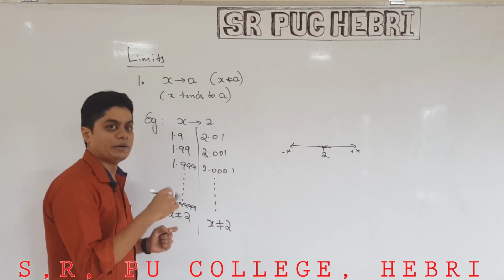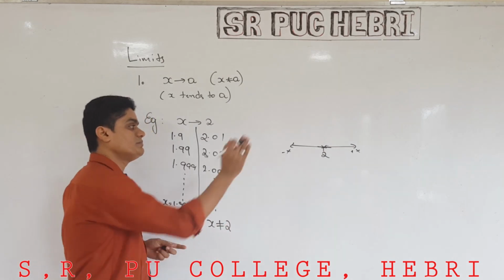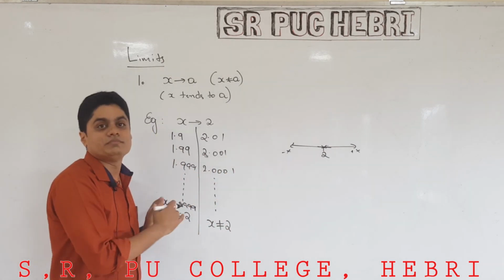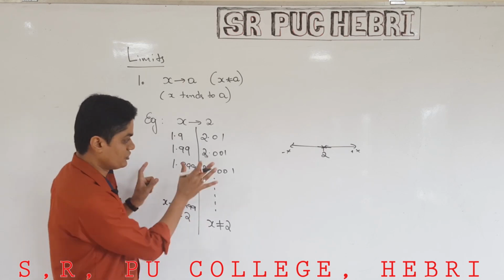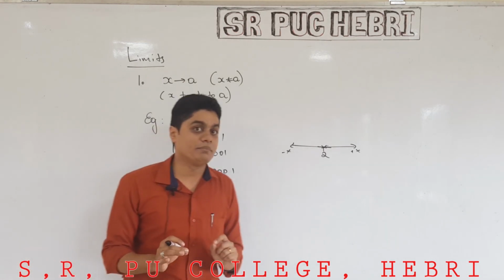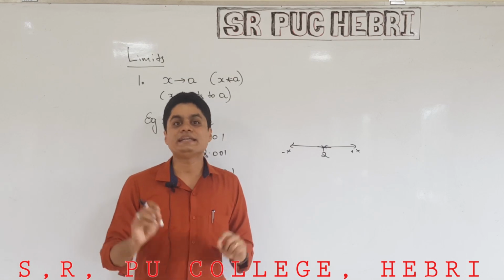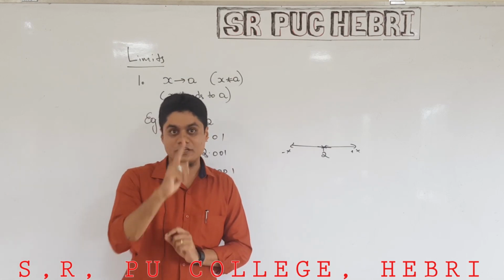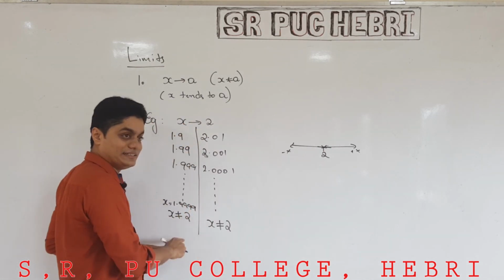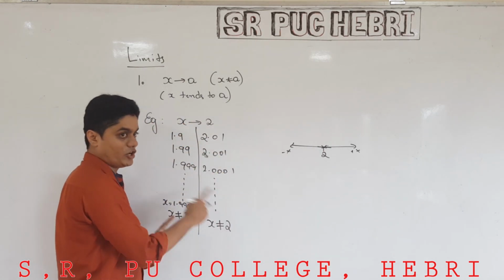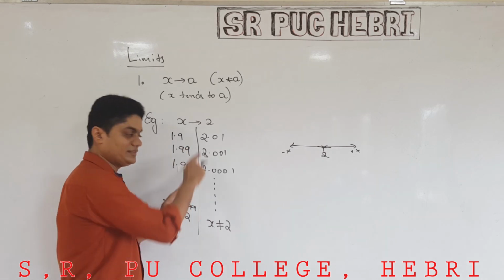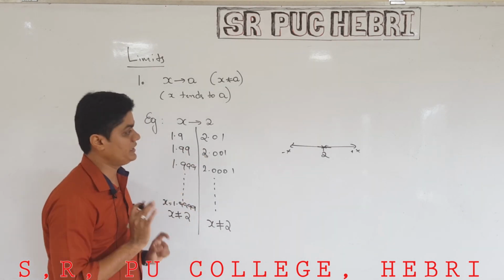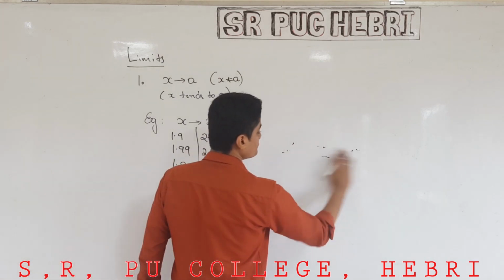It is coming close to 2 from the right hand side, and this other set of values is coming close to 2 from the left hand side. So these are the two infinite sets of values when you write x tends to 2. Don't think that x tends to means it takes one value. It takes either like this or like this. You are not using both together. Got it? It will take infinitely many values.